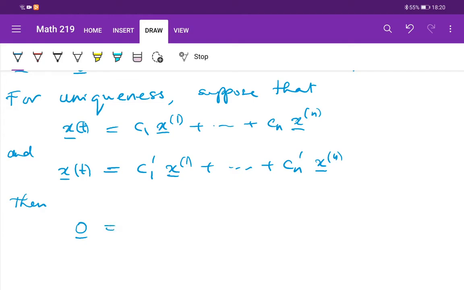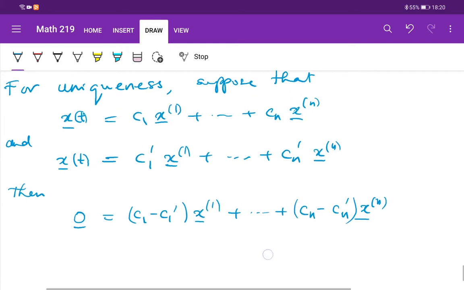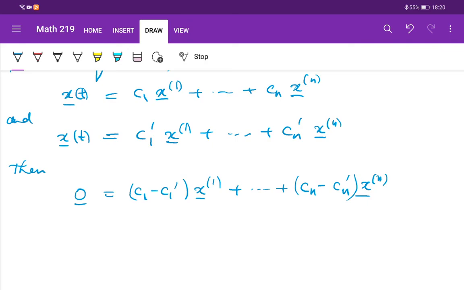So the zero vector is equal to (c1 minus c1 prime) x1 plus ... plus (cn minus cn prime) xn. Now we know that x1 up to xn are linearly independent, so the only way this linear combination can be 0 is if c1 minus c1 prime is 0, up to cn minus cn prime is 0.